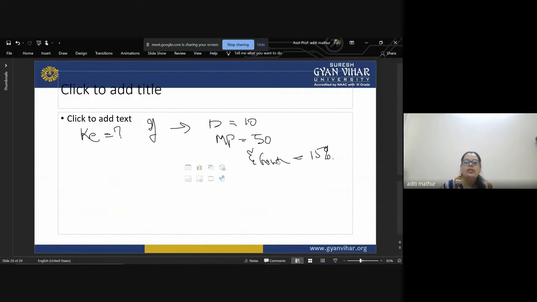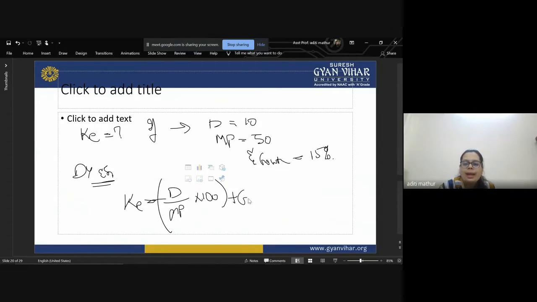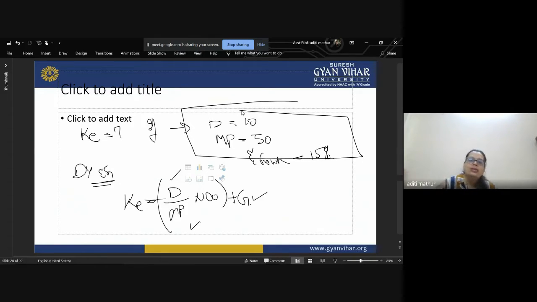Like in this question, the dividend yield and growth formula will be suitable because KE is equal to dividend divided by market price into 100 plus G. And we know what D, MP, and G are in this question as they are directly given. So let's solve this question all together.